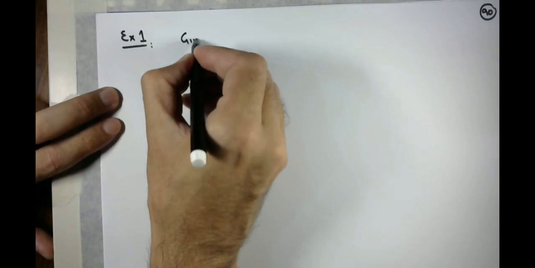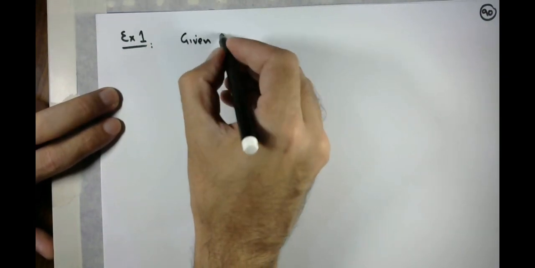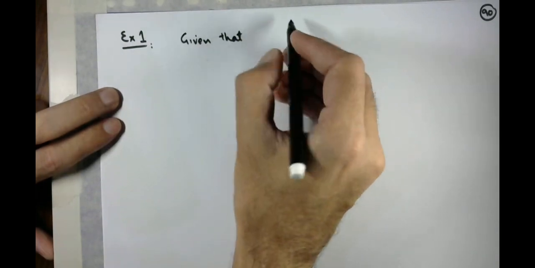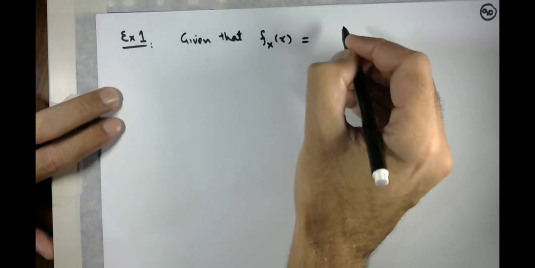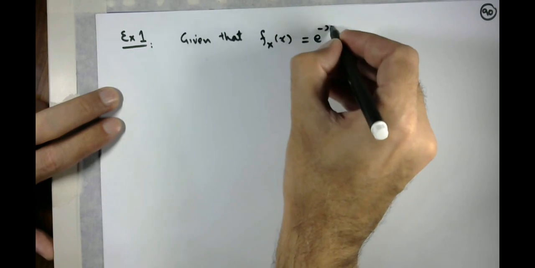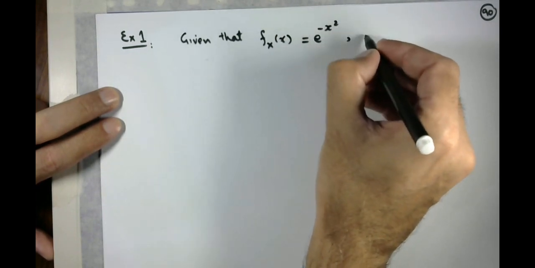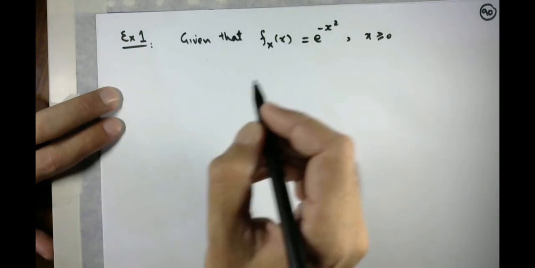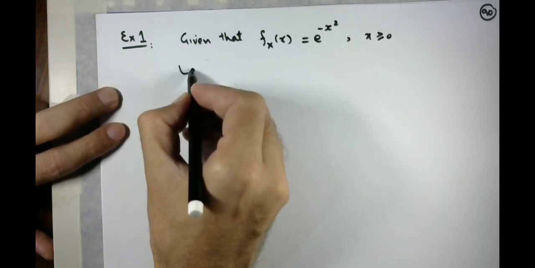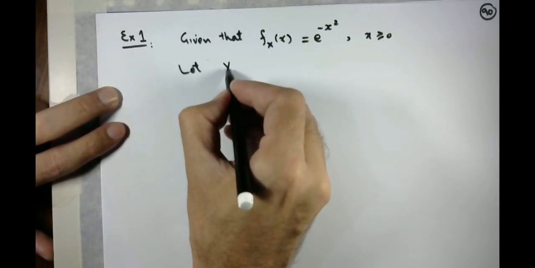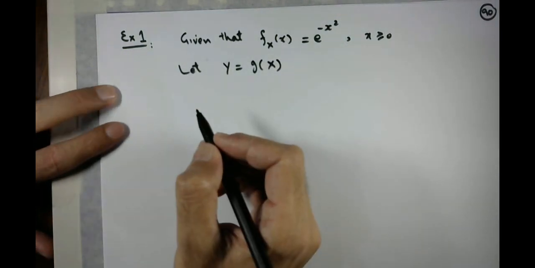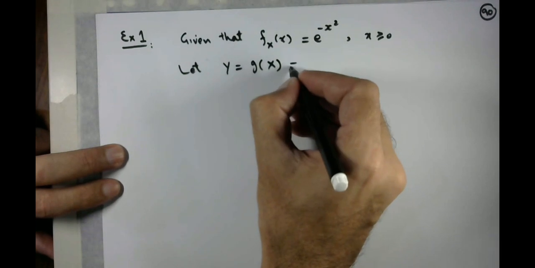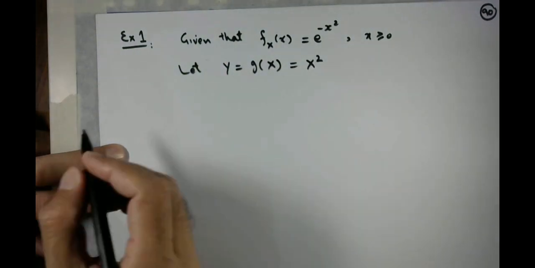So we are given that the PDF of x is e raised to power minus x square for x greater than or equal to 0, and let y be obtained by applying a functional form on the source random variable x, and the functional form is x square.